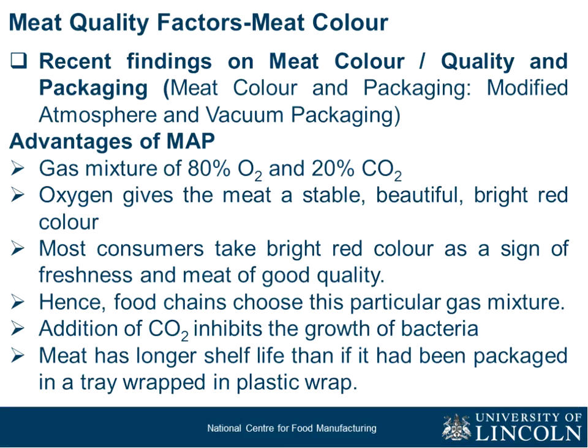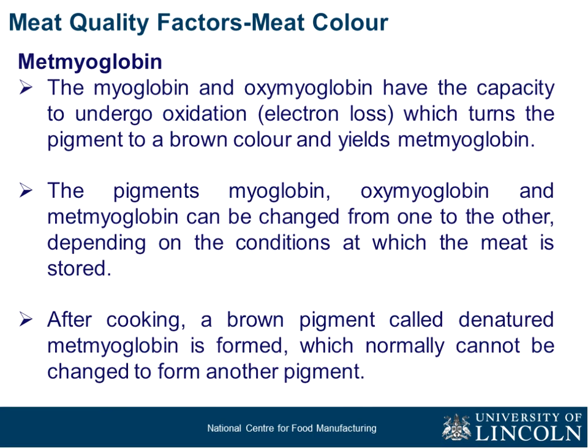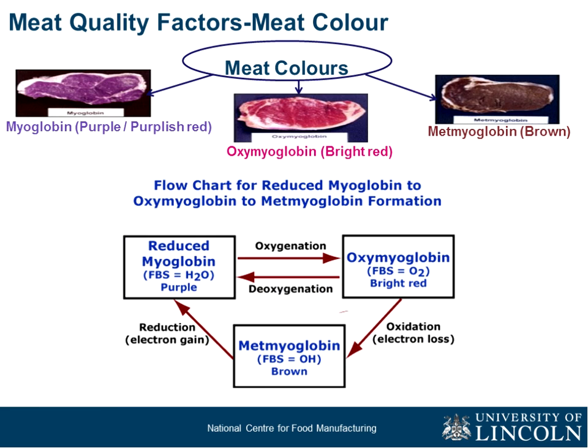Now, this stable, bright red color, if you go back to the previous slide, is referred to as the oxymyoglobin. That is what they want to see, because when you cut the meat, immediately when you cut the meat, this is what you're going to see: the purple color.